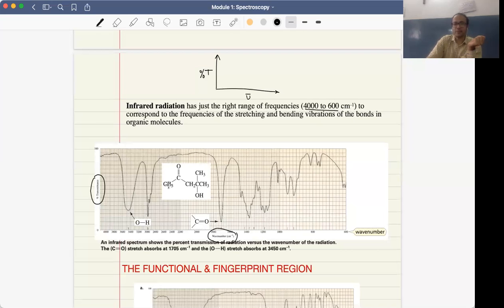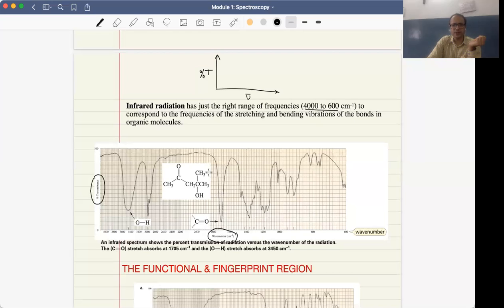You can see a lot of spikes in the spectrum, and all these spikes correspond to the frequencies absorbed in the infrared spectrum.